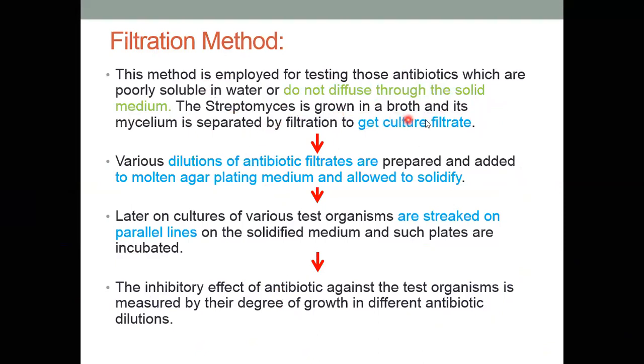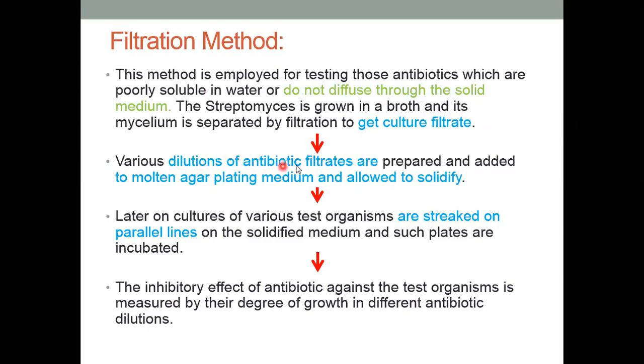So Streptomyces is grown in a broth and its mycelium is separated by filtration to get the culture filtrate. So you let Streptomyces grow in a broth, and then you filter it, and what you get in the end is a filtrate, but that filtrate is supposed to contain the antibiotic.